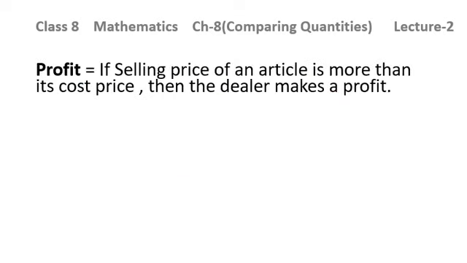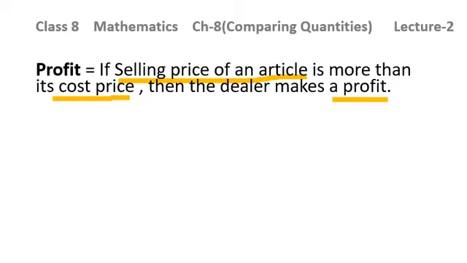Another term of our main concern is profit. What do you mean by profit? If the selling price of an article is more than its cost price, then the dealer makes a profit.